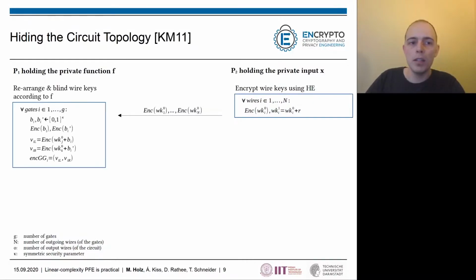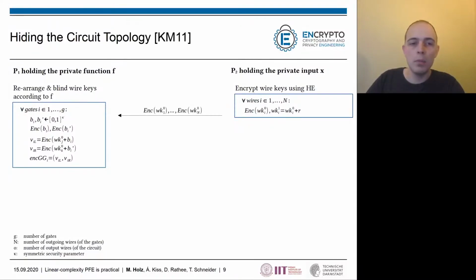Party P1 can then homomorphically blind these wire keys according to the function f and rearrange them. This rearranging of the wire keys now represents the topology of the circuit, while the blinding of the wire keys guarantees that party P2 later can't see how the wire keys got rearranged.